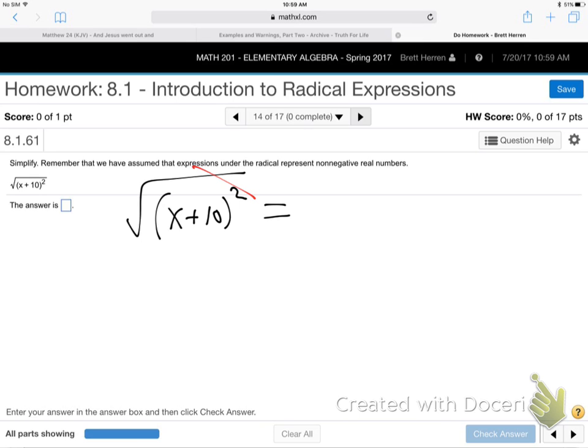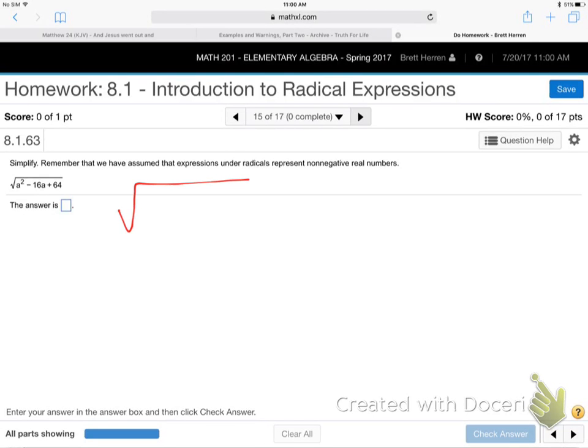But once the action on the group isn't there anymore, then there's no need to specify the group. You just say x plus 10. You can put parentheses around it if you want to, but it's not going to change anything.